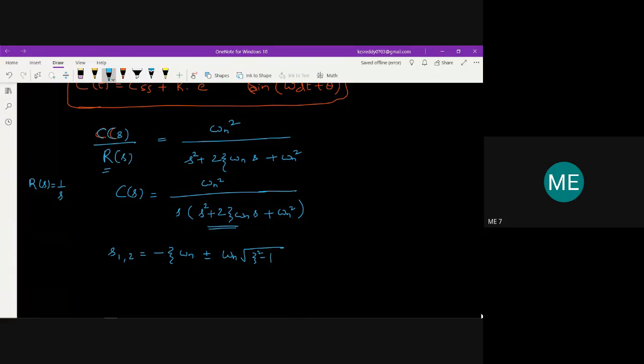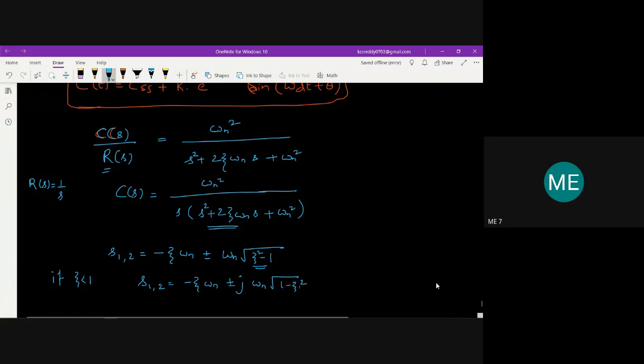So if zeta is less than 1, then these roots will become minus zeta omega n plus or minus j omega n into root of 1 minus zeta square. These are the roots which you can get.